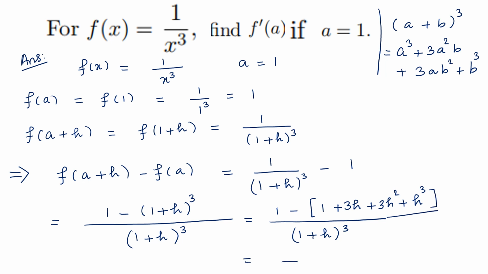The denominator is (1 plus h) cube. In the numerator you have to see here, plus 1 minus 1 will be deleted. So the remaining terms I can write: we have minus h cube minus 3h square minus 3h. So this is our f of a plus h minus f of a.